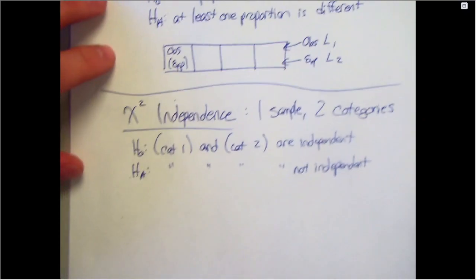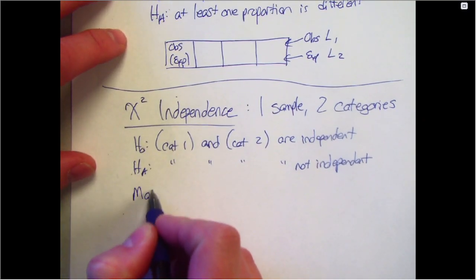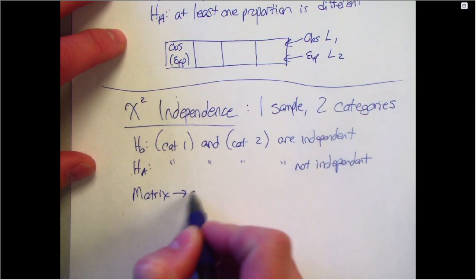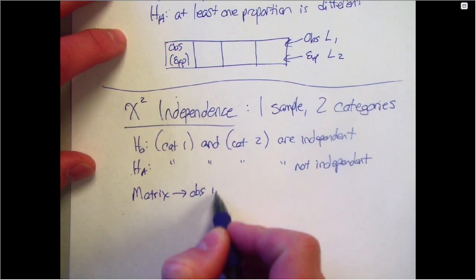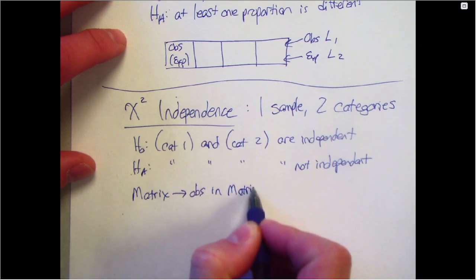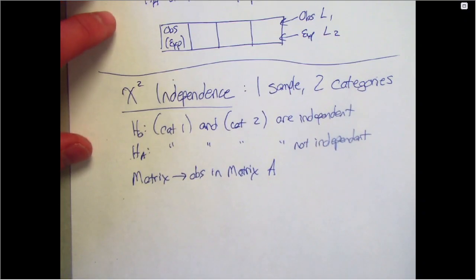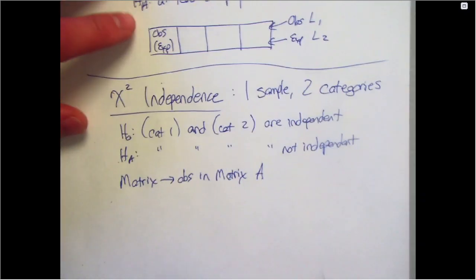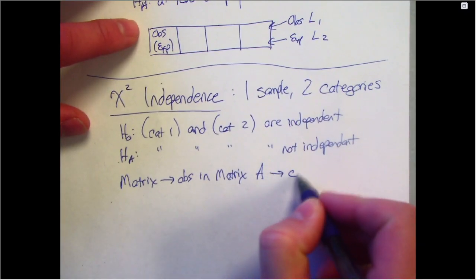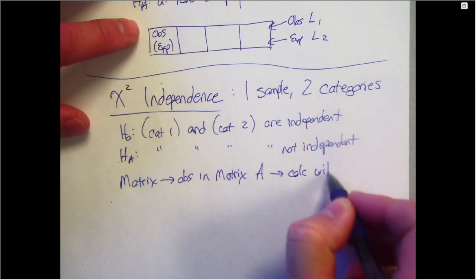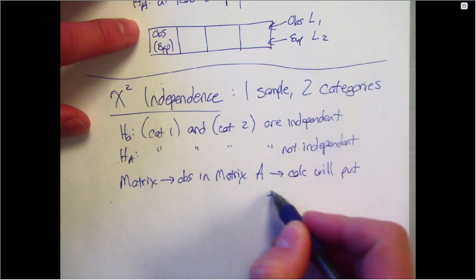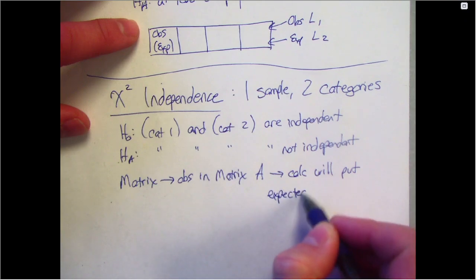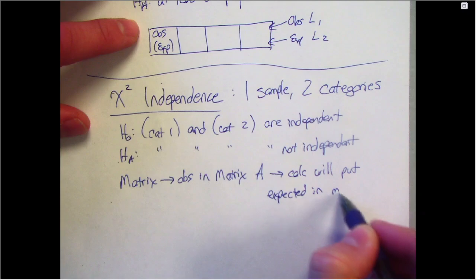Then this is the one where we use the matrix. So you put your observed in matrix A. And then you run the test, and the calculator will put expected in matrix B.